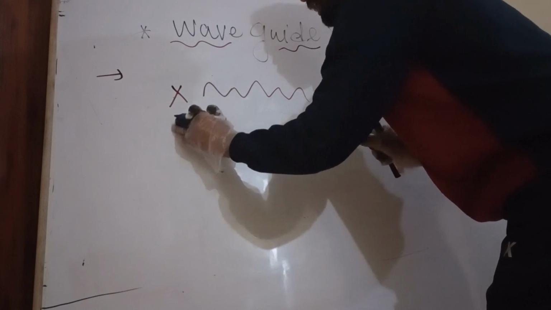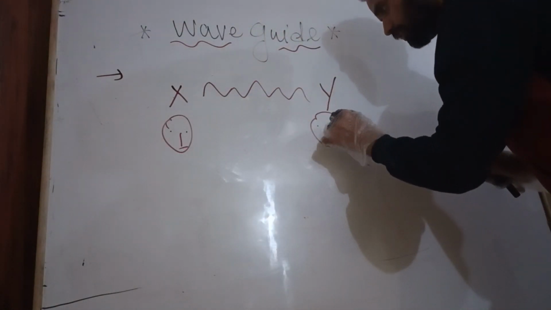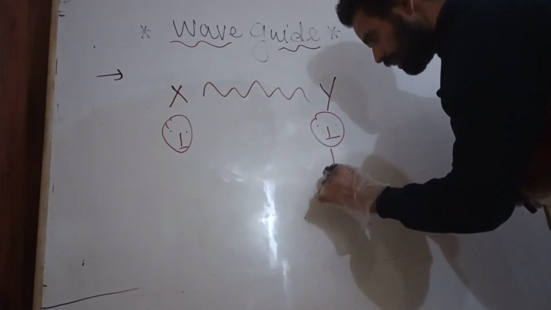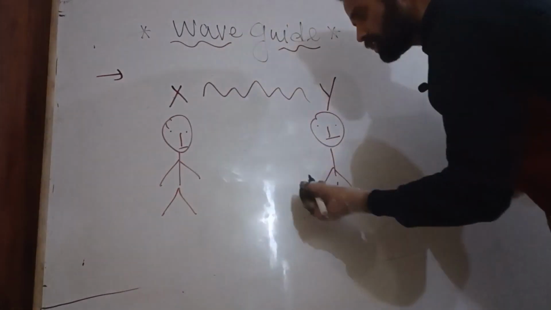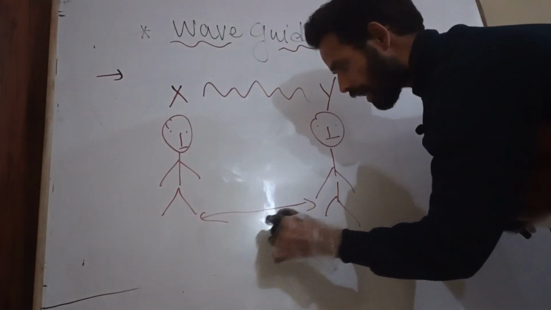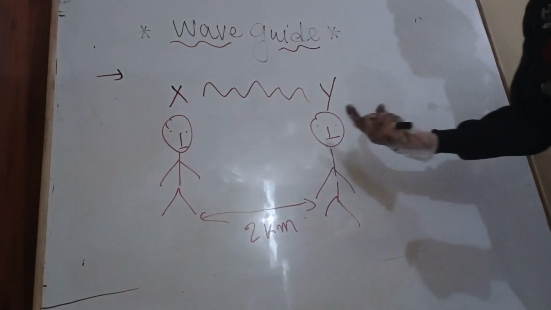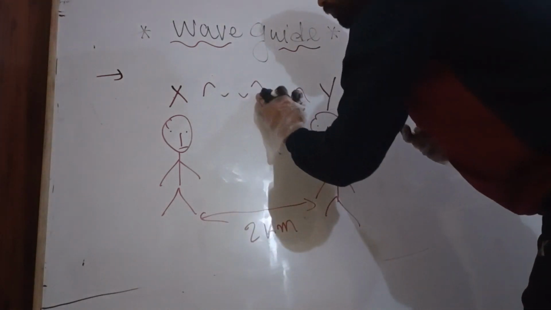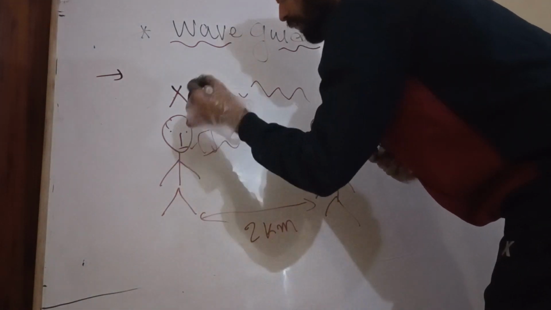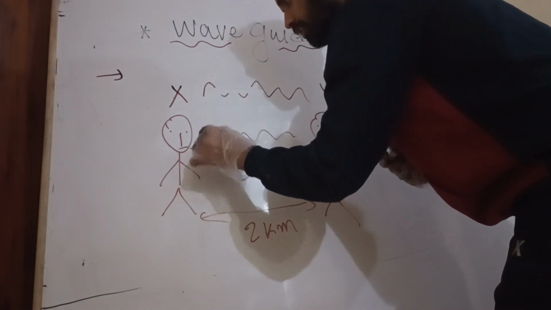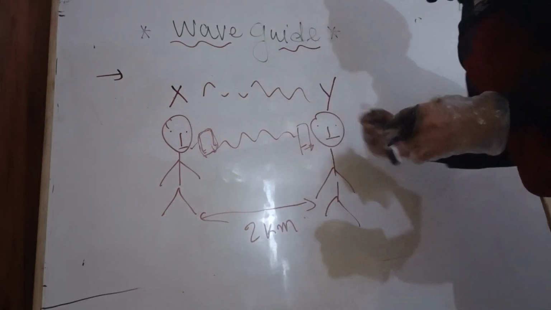Both of them are, let's say, 2 kilometers far away, and they want to communicate through a small device like a mobile phone.